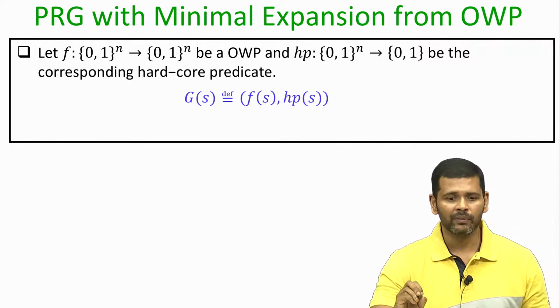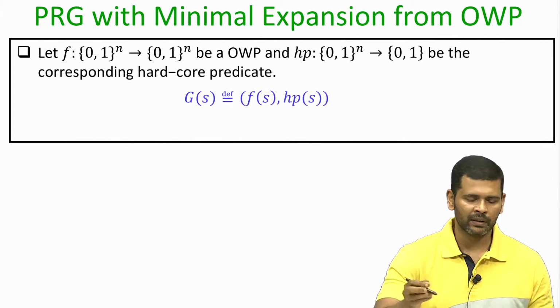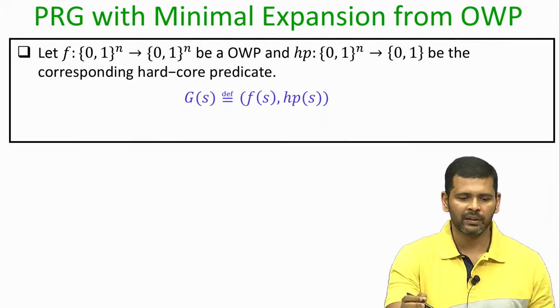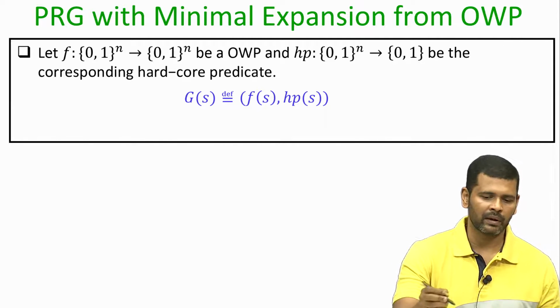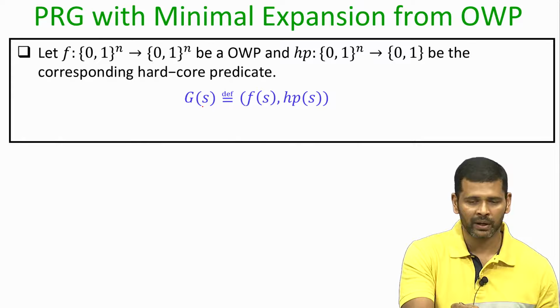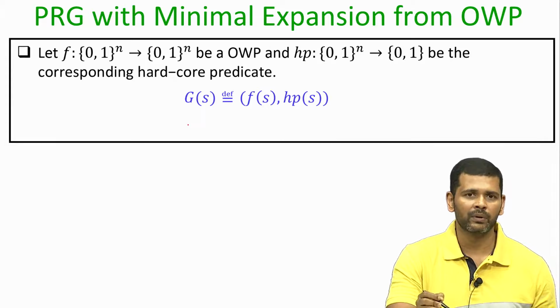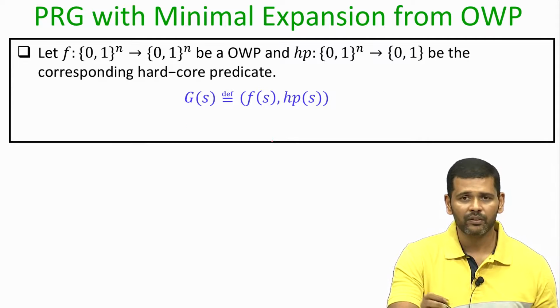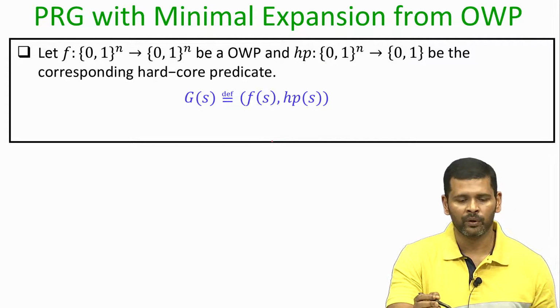Now, given this, we will construct a pseudo random generator as follows. We call the algorithm G, which takes an input s which is a random input of size n bits, and it is going to produce an output of n plus 1 bits.